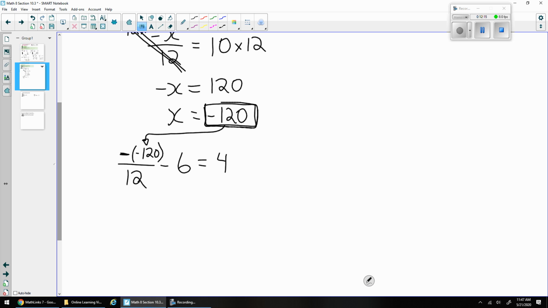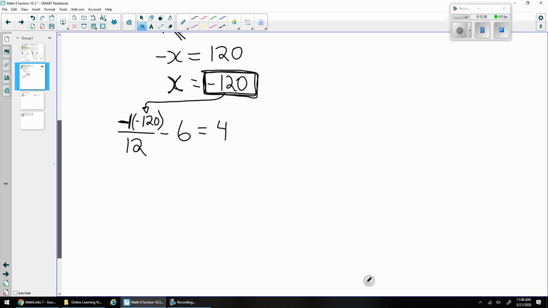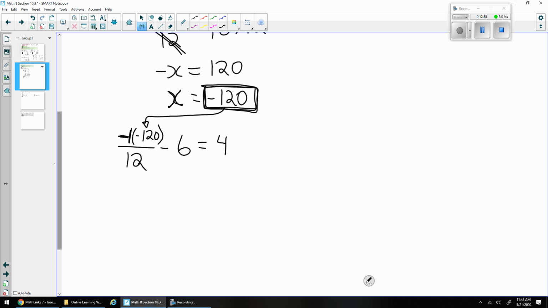That can be confusing sometimes, and people make a mistake there, where they see x has a negative, and then they see there's this negative sign in the equation, and they think, oh, that's the same thing. It's not. Remember that a negative in front of a variable actually means negative 1 times that variable. If you have negative 1 times negative 120, that now turns into positive 120.